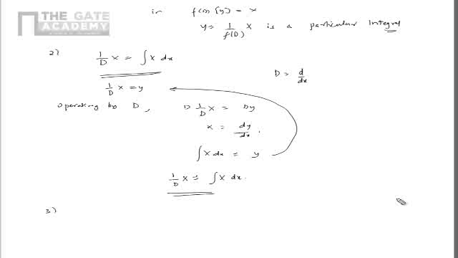Okay, similarly, we have another property of the differential operator. 1/(D minus a) into some function X will become basically e^(ax) times the integral of X e^(-ax) dx. Well, how do we prove this? So similarly, let 1/(D minus a) X be y, and now operate by (D minus a) on both sides.